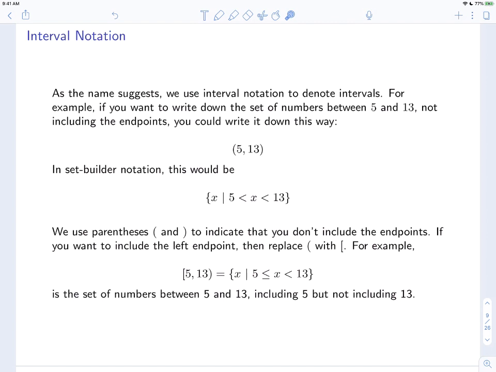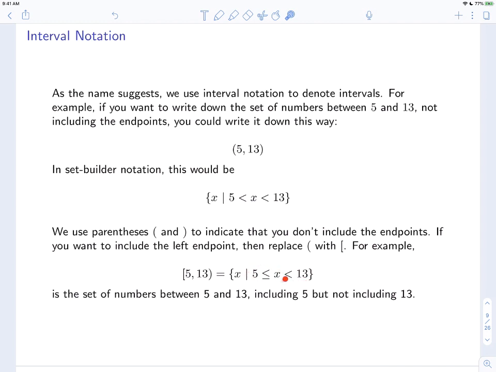Now if you want to include the endpoints, then you replace the parentheses with brackets. If you want to include the left endpoint, then replace the left parenthesis with a left bracket. For example, this set, bracket 5, 13 parenthesis, is the set of all x's such that 5 is less than or equal to x, and x is strictly less than 13.